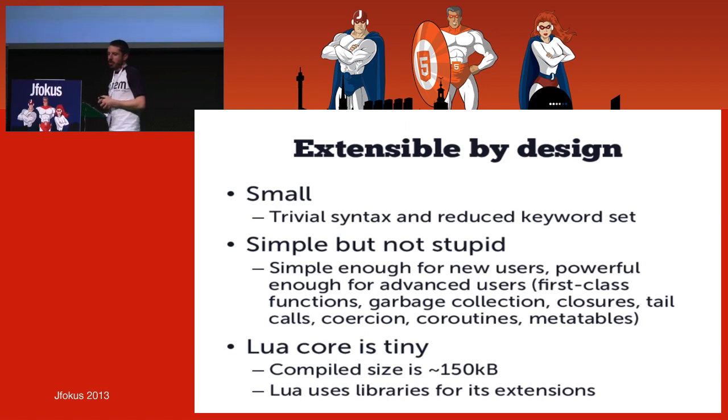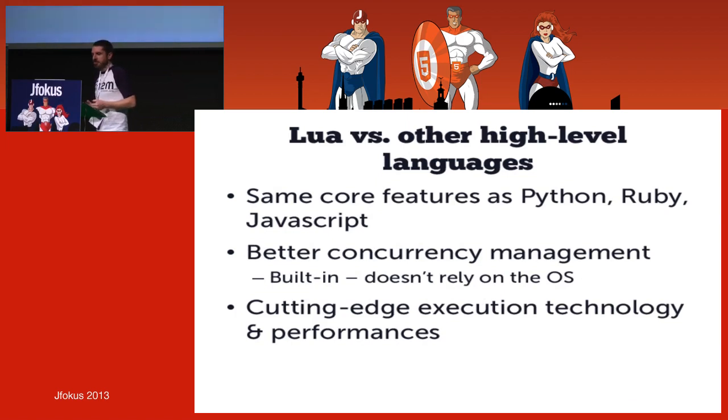So if we were to compare Lua to some other high-level languages in terms of features, it's nothing really funky, but maybe one difference would be in terms of concurrency management. The way the multi-threading is done in the Lua VM, it's not depending on the way threads are done on the underlying OS.